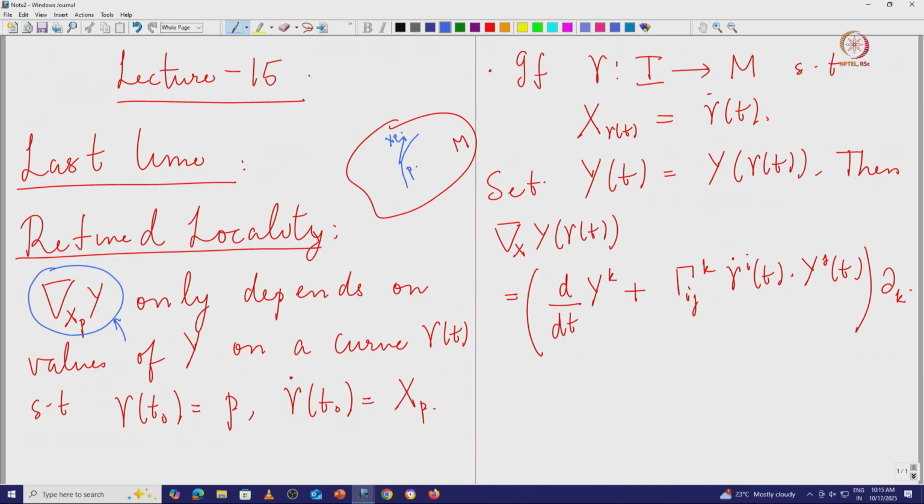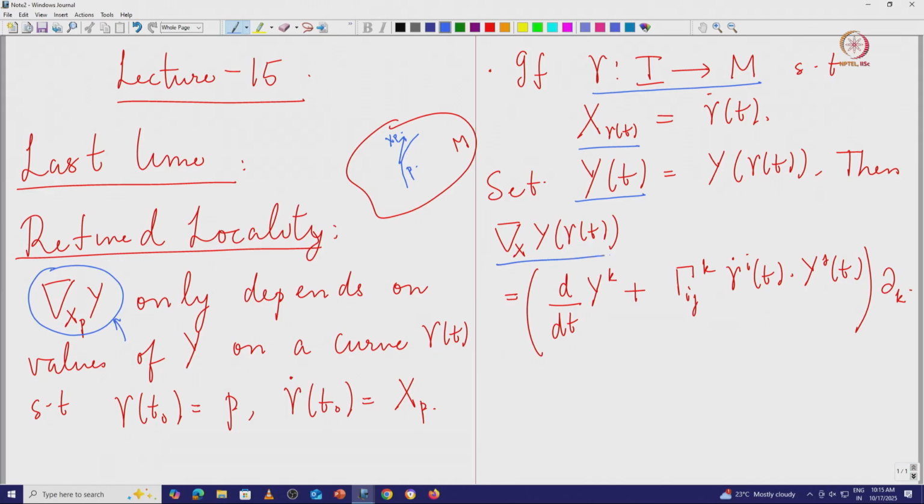So using this, one can write down a formula for computing the covariant derivative along points on a curve. Let's say I take this curve gamma, which is an integral curve of x, so that means x at gamma of t is given by gamma dot of t. Then you restrict your attention to the values of y on that curve, and call that y of t.